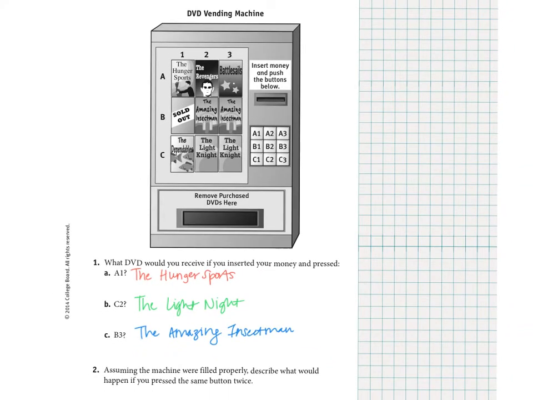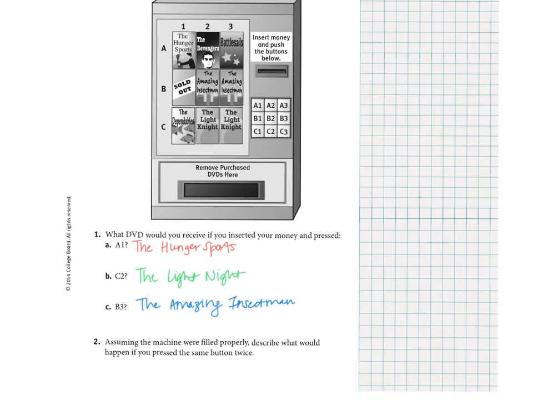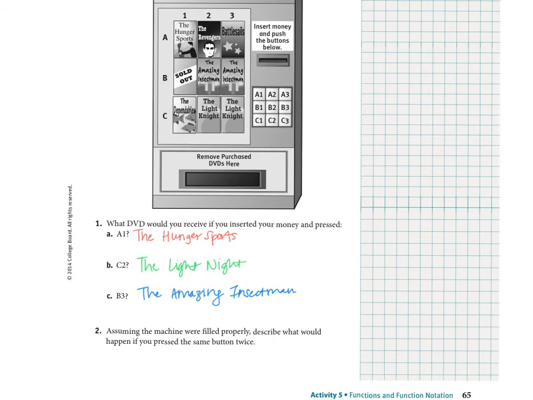It now says, assuming the machine were filled properly, describe what would happen if you pressed the same button twice. So thinking about this, if we pressed the same button twice, wouldn't we receive the same DVD twice? It's going to be 2 of the identical DVDs for those movies. So we're going to go ahead and write down our answer for that.